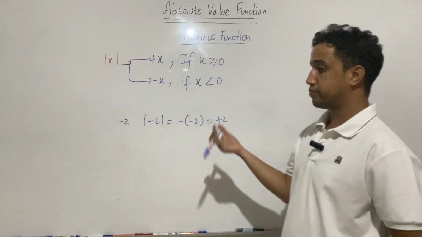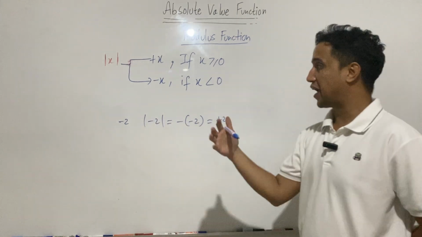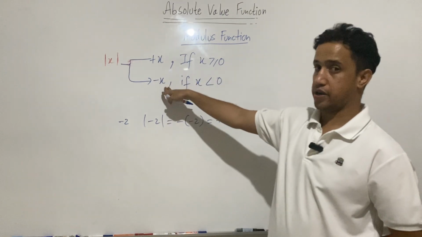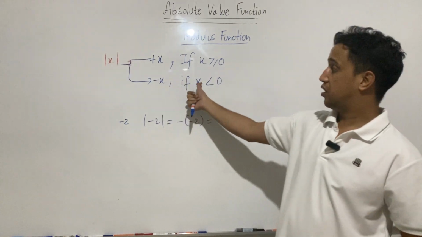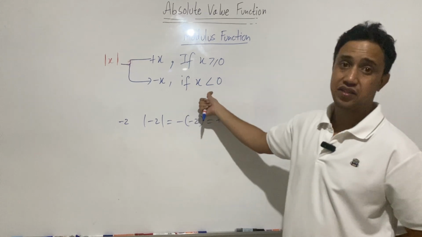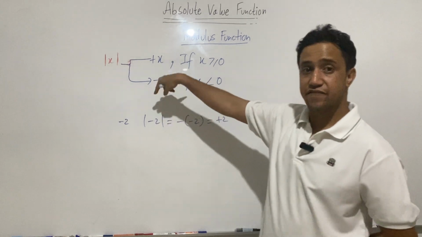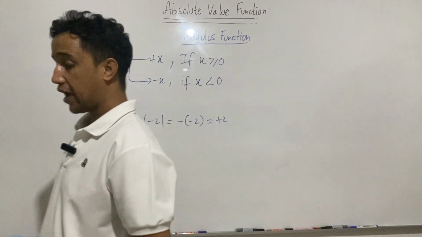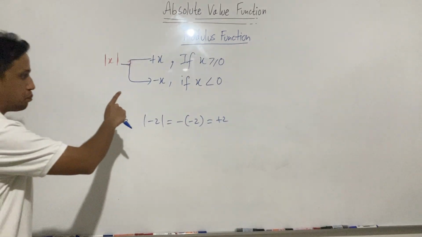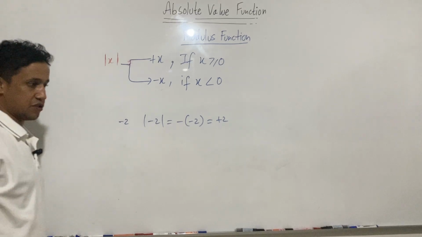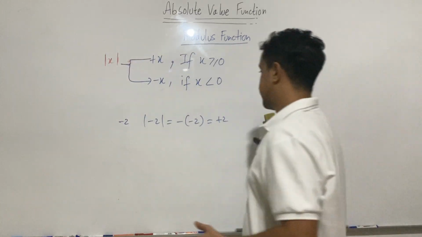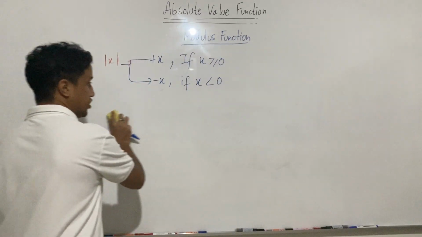Sometimes some students get confused and ask, why are you writing minus x, it should be positive x. Look here, x is negative, so negative of negative x is going to be positive x. So take note of this point. I hope this is clear to you.